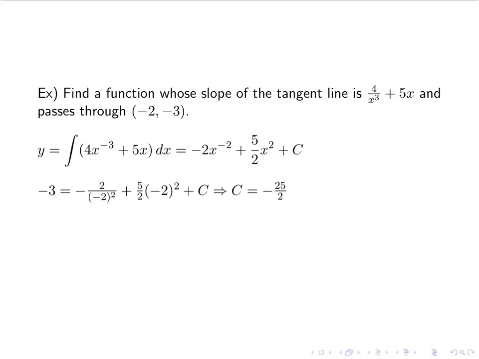But if we do it out, we should be getting c equals -25 over 2 or -12.5, whichever one you prefer, they're the same thing. And then again, our answer is plug that in for c. So y equals -2 over x squared plus 5 over 2 times x squared minus 25 over 2.